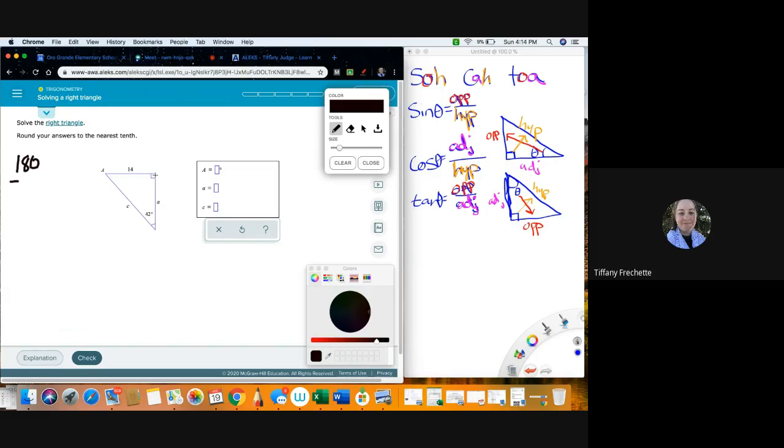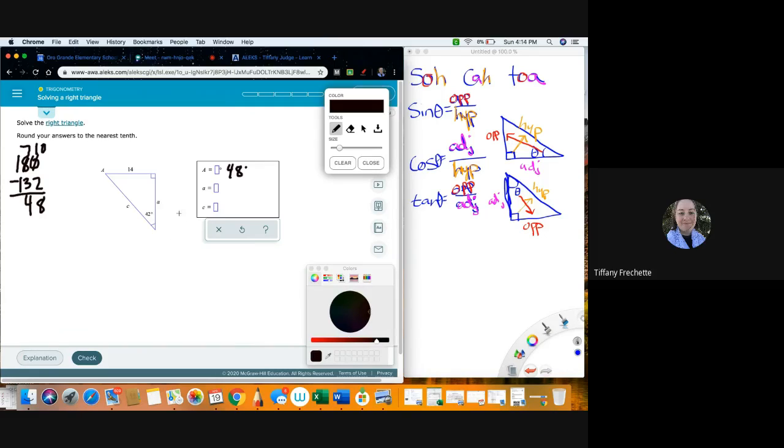I'm already using 90 and 42. If I add 90 and 42 together, I get 132. And I'm going to subtract. So I have 7, 10, 8, 4. So I get 48. So this is going to be 48 degrees, and I'll fill that in just a moment.